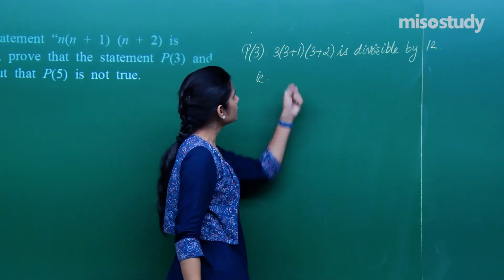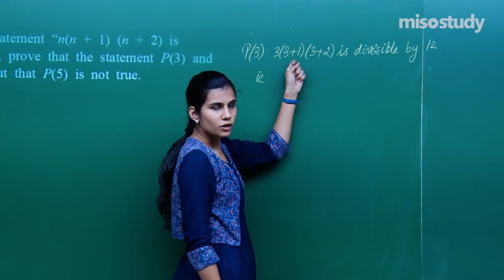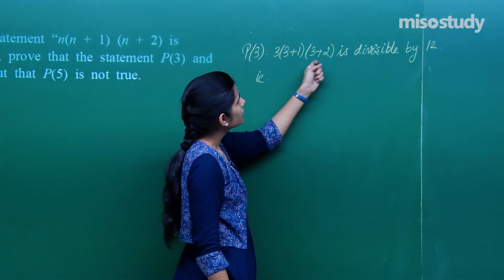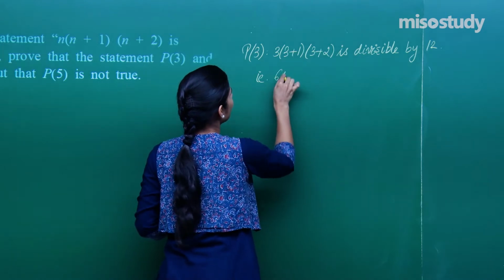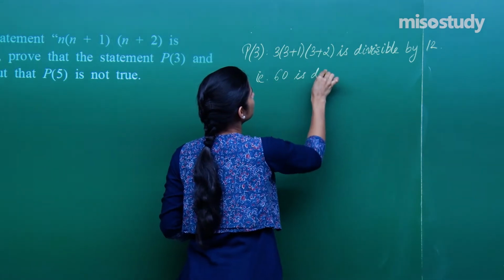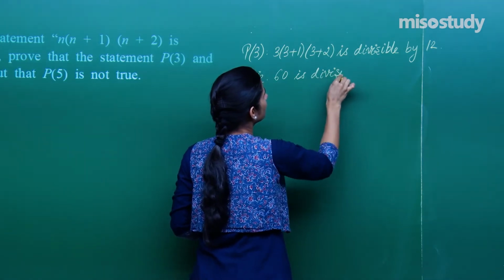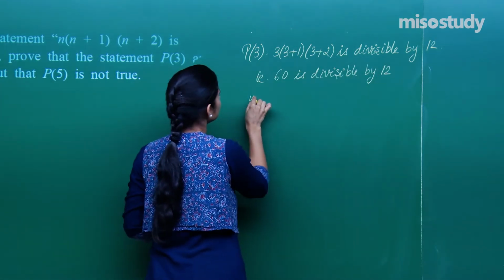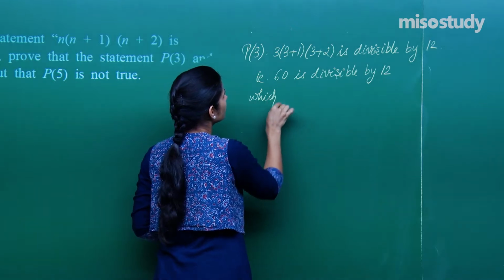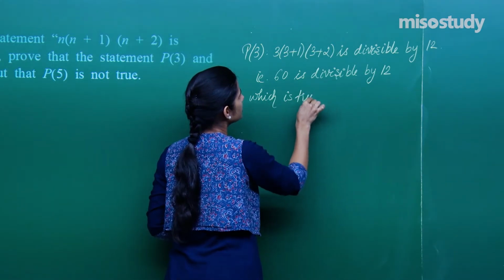That is what? 3 plus 1 is 4, 4 into 3 is 12, 3 plus 2 is 5, 12 into 5 is 60. So you have 60 is divisible by 12. Clearly it is true. So we have justified that P3 is true.